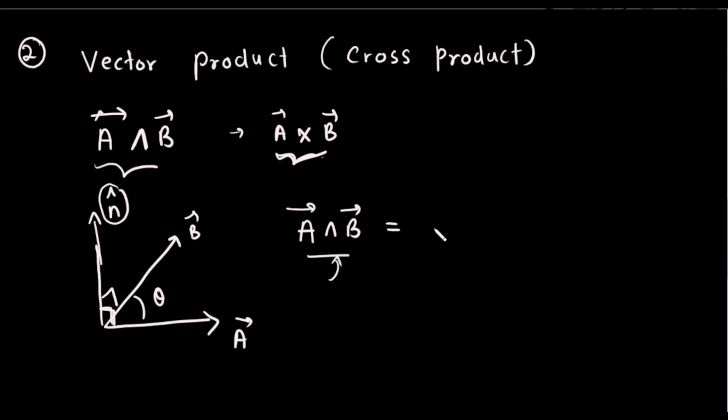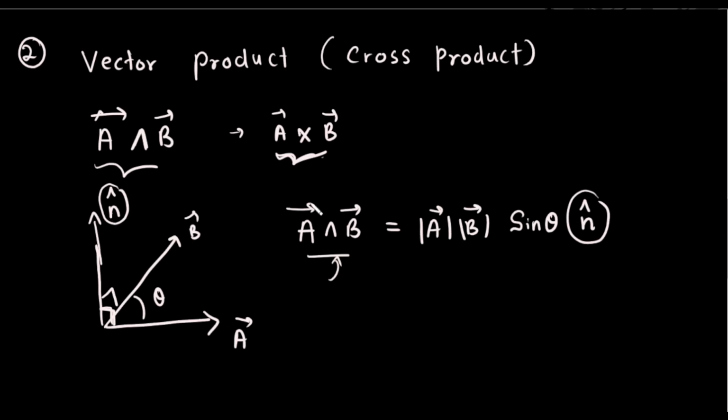According to the definition, you will have the magnitude of a times the magnitude of b, times sine theta, times n hat, the perpendicular vector.